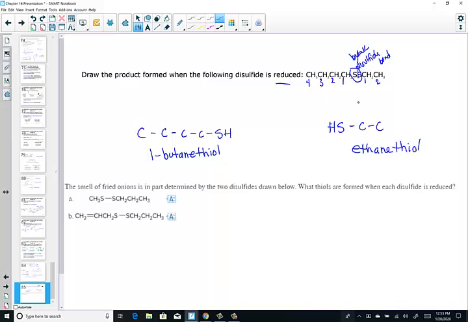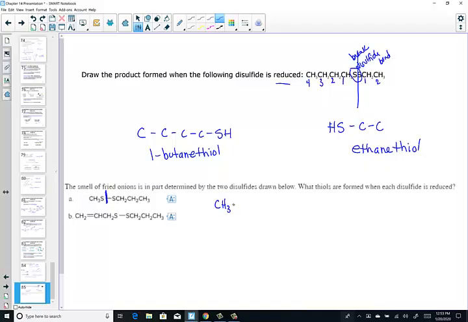So just cut this molecule right there, broke that disulfide bond, go back to thiols, means add hydrogens back onto the sulfur. These had two different carbon branches on that disulfide bond, so we're going to get two different thiols. In this example, here is the disulfide bond.